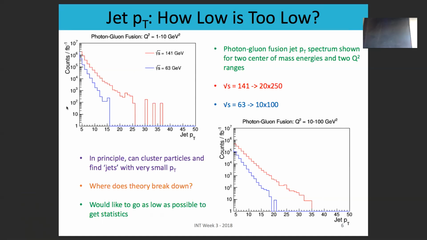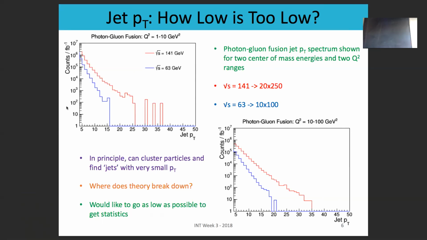All right, so the main topic I want to bring up, and hopefully we can have some discussion on it, is the issue of how low we can go in our measured pTs. Here I show the jet pT spectrum coming from the photon gluon fusion process for these two root S's and these two Q squared ranges, 1 to 10 and 10 to 100.